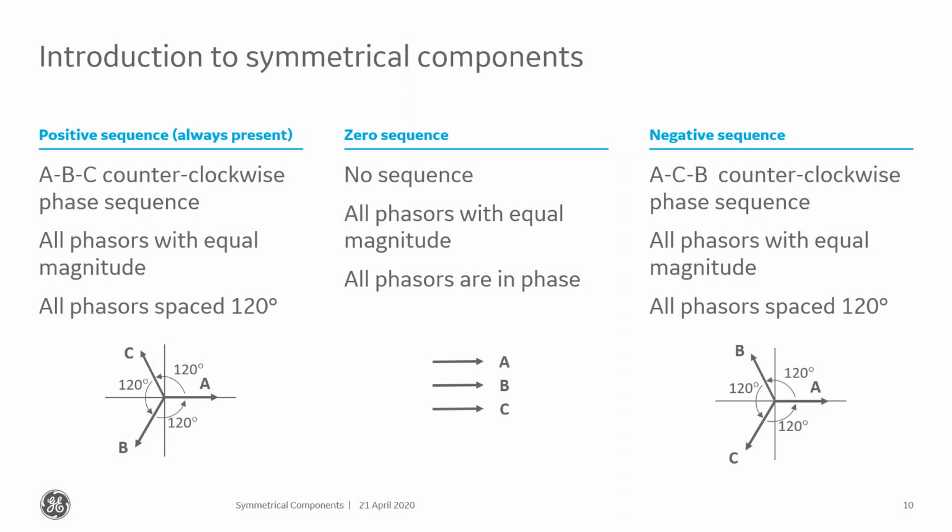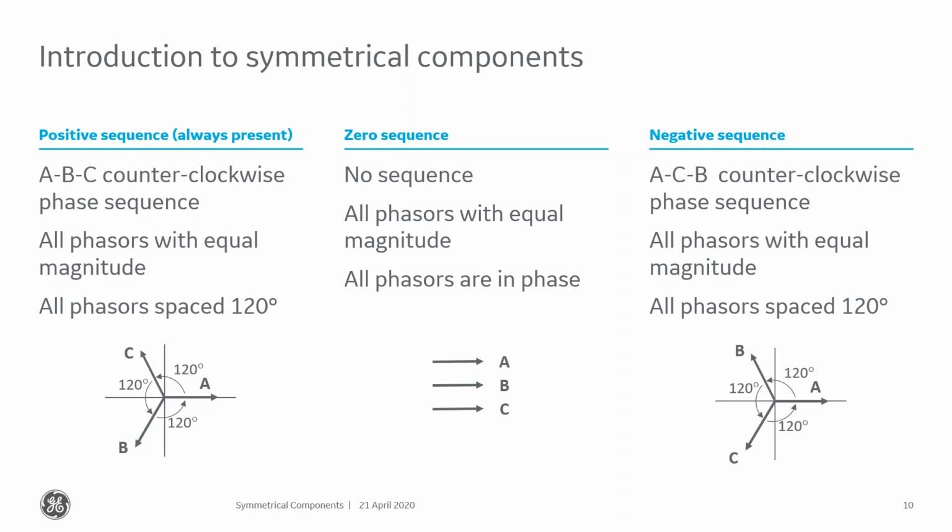So for our three-phase power system, that means if I have an unbalanced three-phase power system, I can turn that into 3 separate balanced systems. And the way that we describe this inside of our world is as a positive sequence network, a zero sequence network, and a negative sequence network.